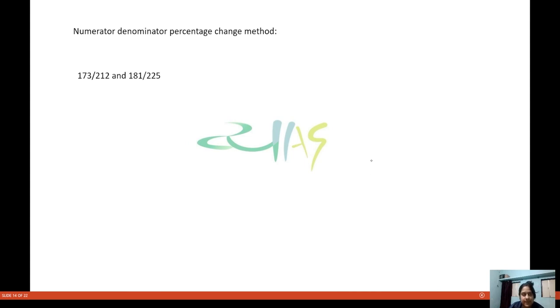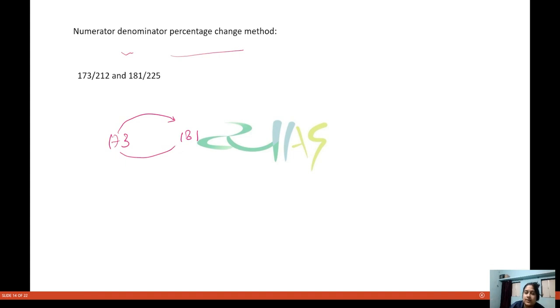Remember this thing. If your numerator is increasing, the ratio will increase. If your numerator is constant and your denominator is increasing, then the ratio is decreasing. And if your numerator is constant and the denominator is decreasing, then your ratio is increasing.